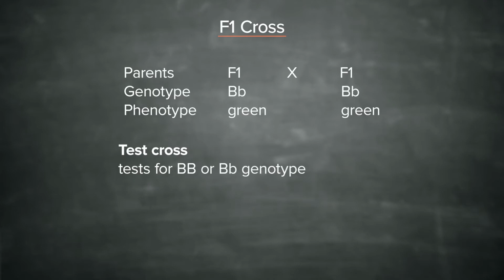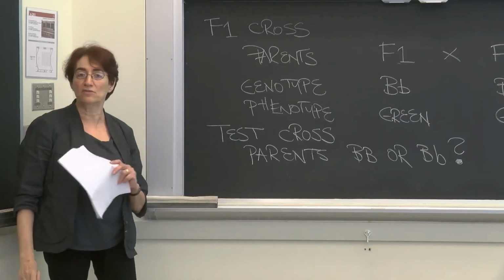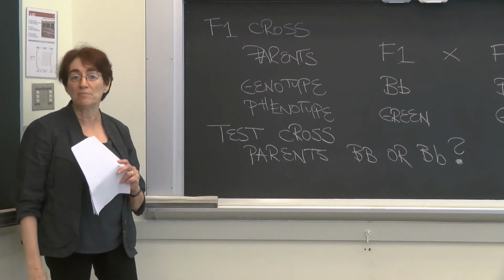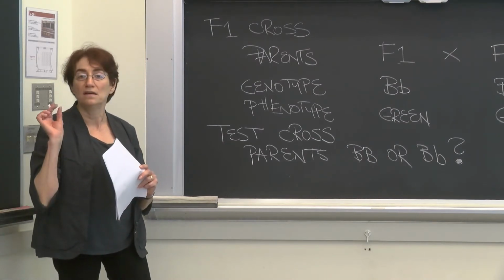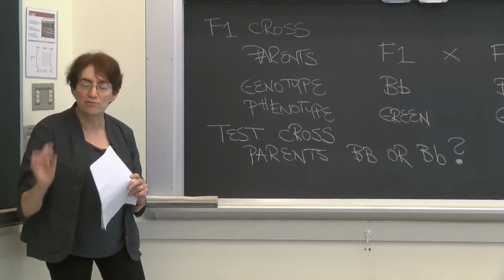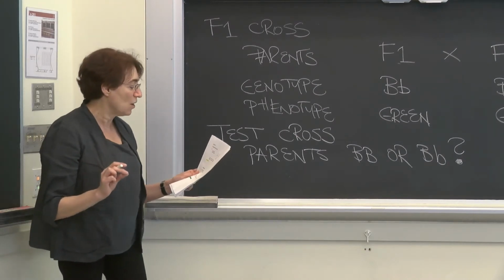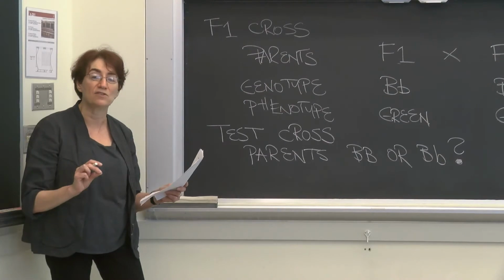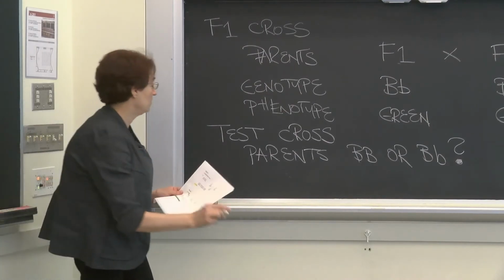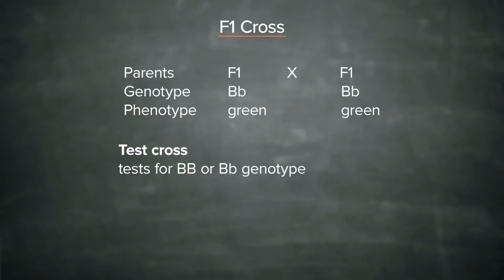You can figure this out if you cross those parents to something that is a true breeding strain. And a true breeding strain in this case will be a homozygous recessive strain. So you're going to cross this to little b, which is homozygous.